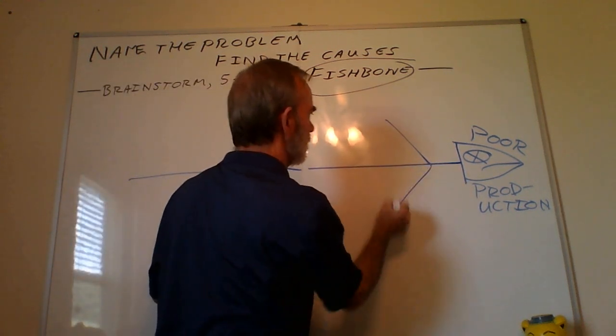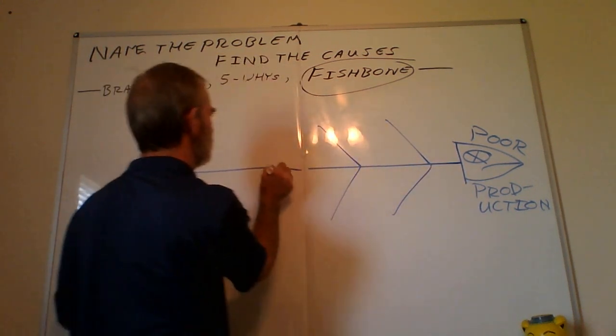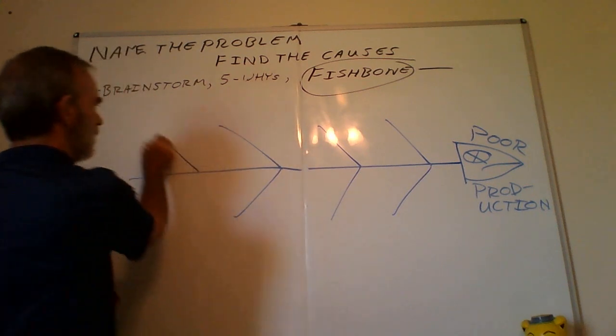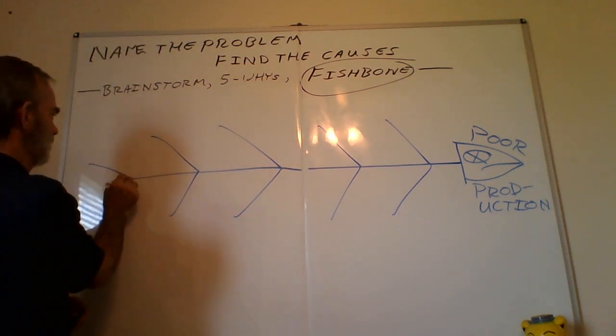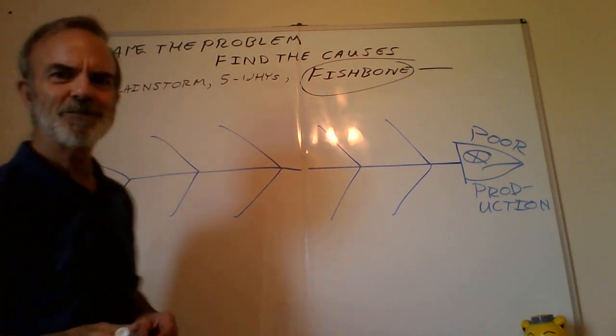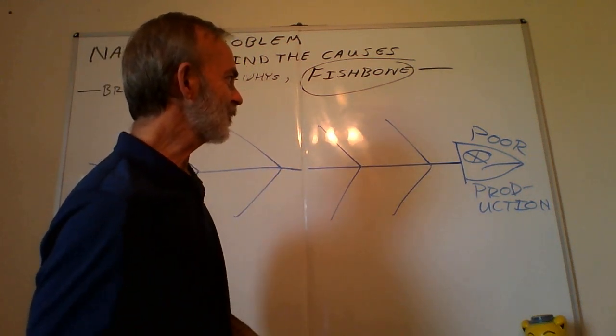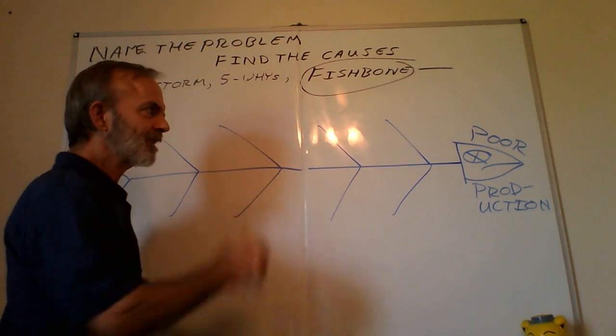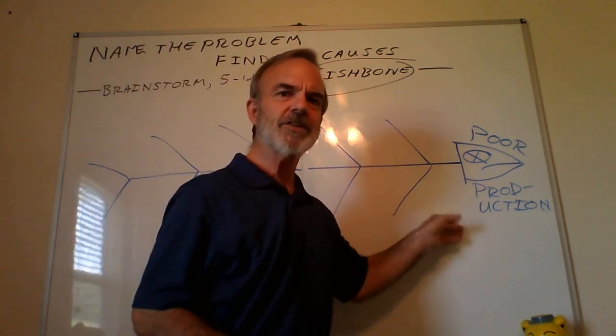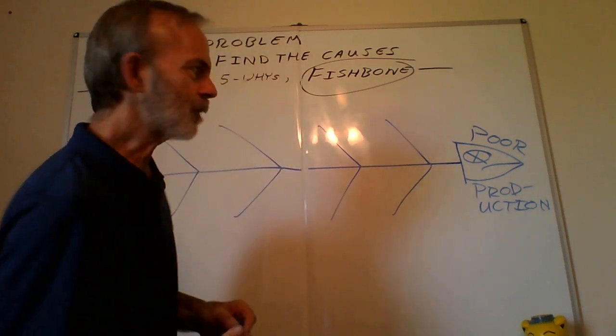So we're going to draw our little fishbone here. I might have something like a marlin here with too many fish, too many bones on it, but anyhow, we'll see where it goes. And so there's a lot of factors that come into play that create a situation where you've got poor production.